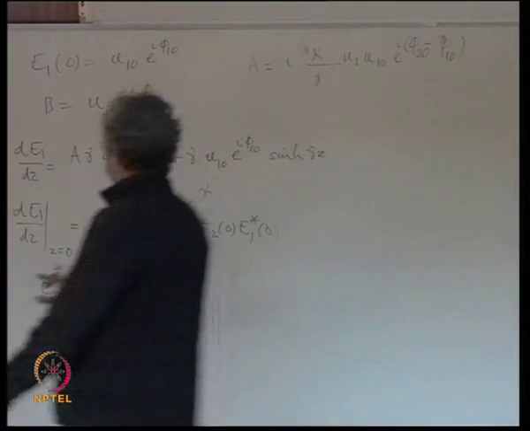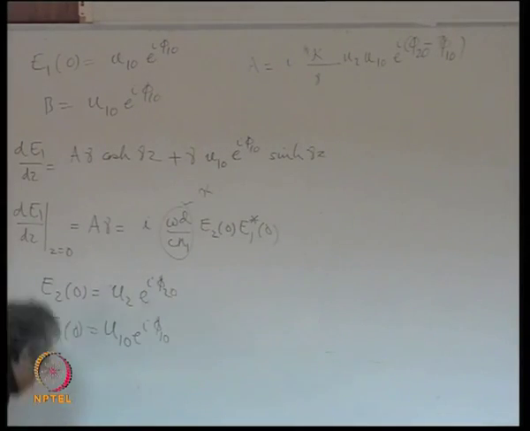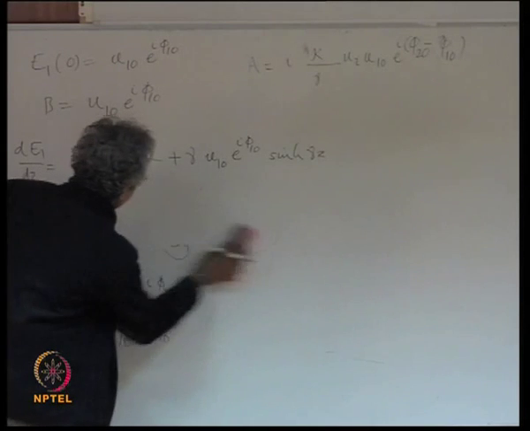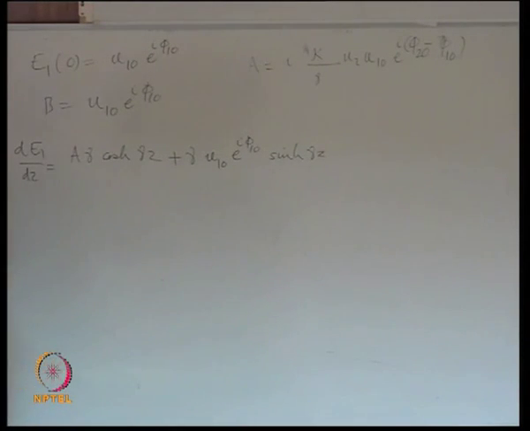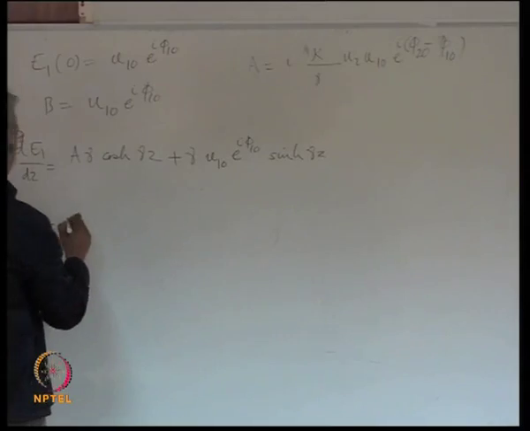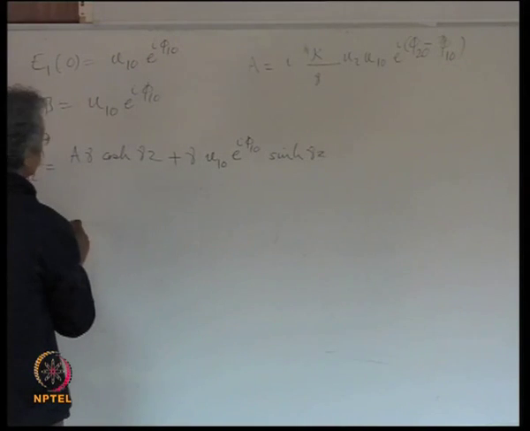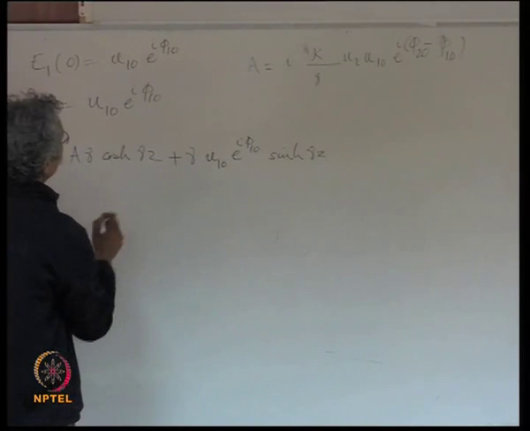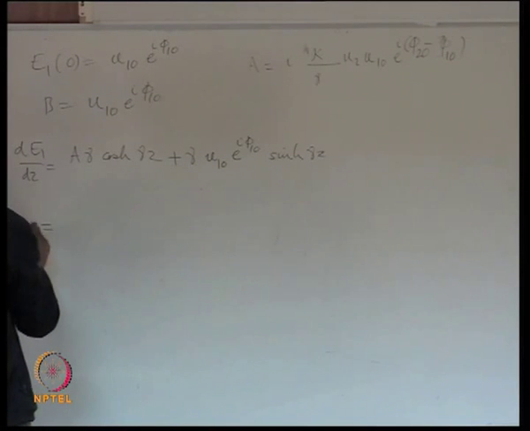So let me substitute into the solutions, and I get the complete solution. Let me write this first one first. What was E1 of Z?